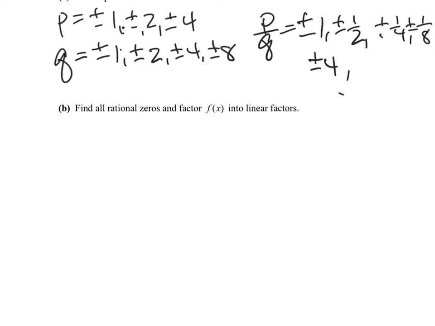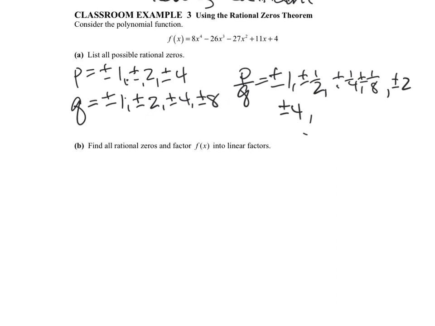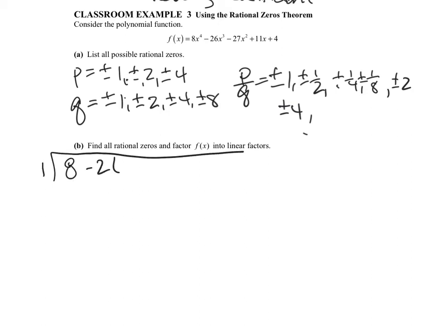Okay, so we're going to pick one and try it. Let's pick +1. So we have 8, -26, -27, 11, and 4.